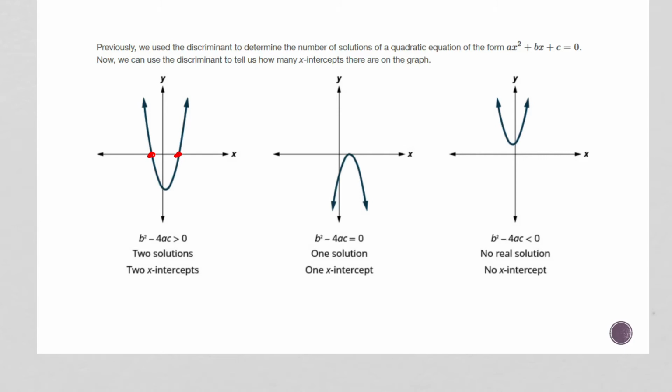When our discriminant is 0, there's only 1 solution, which means it bounces off the x-axis in 1 spot. And when our discriminant was less than 0, we can't take the square root of a negative number, so we got no real solutions and there are no x-intercepts, because this thing never crosses the x-axis.